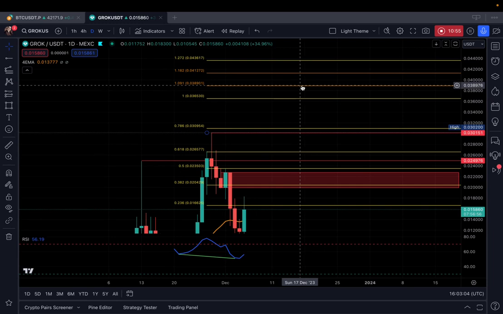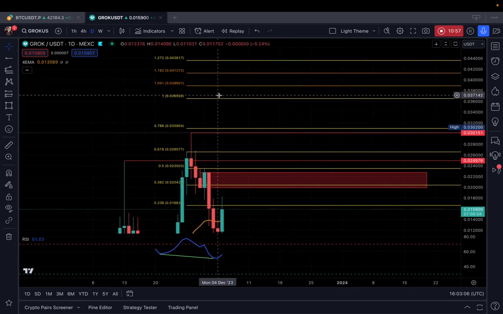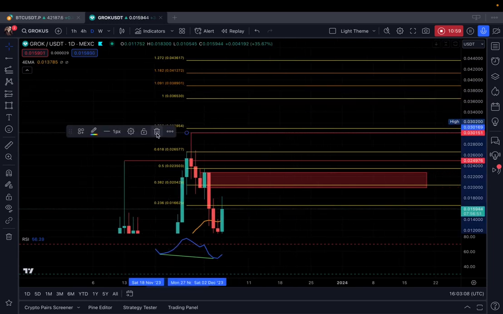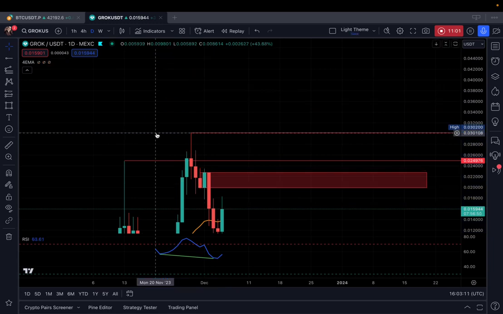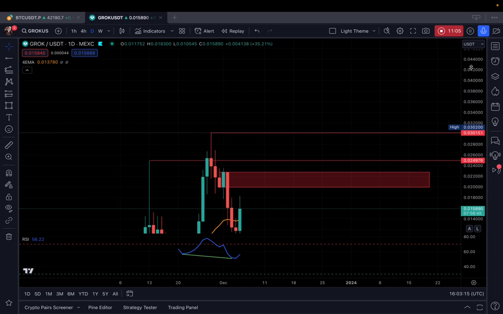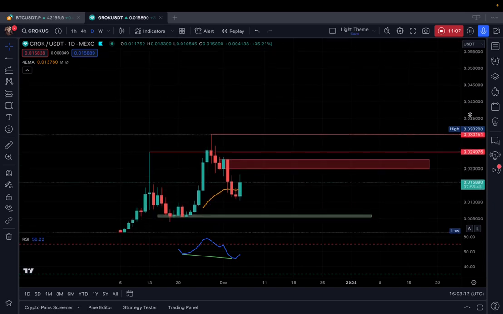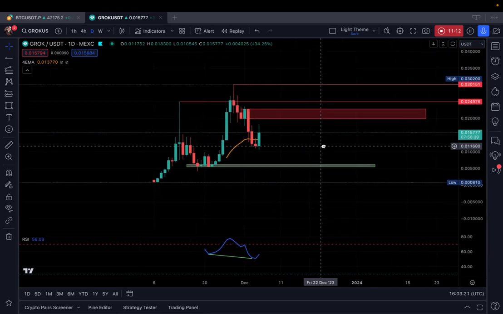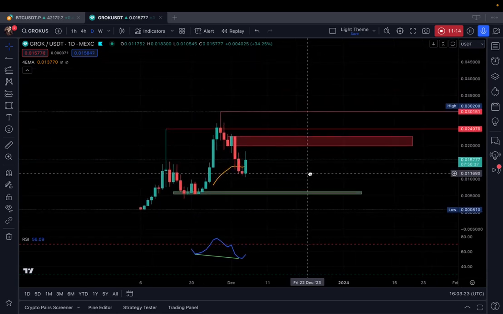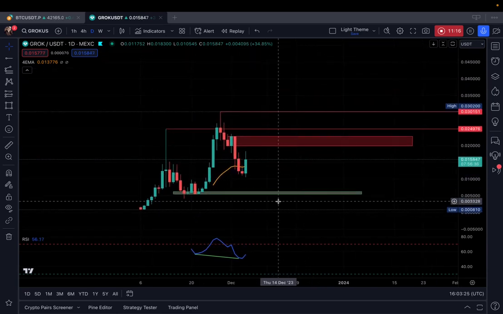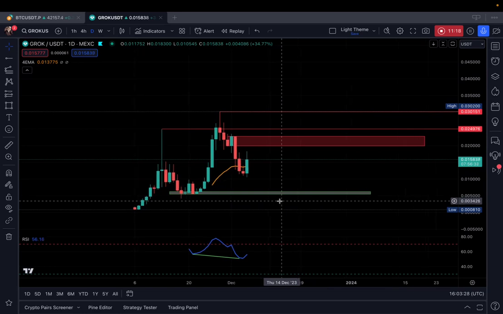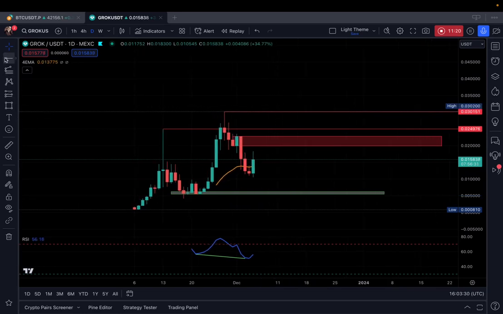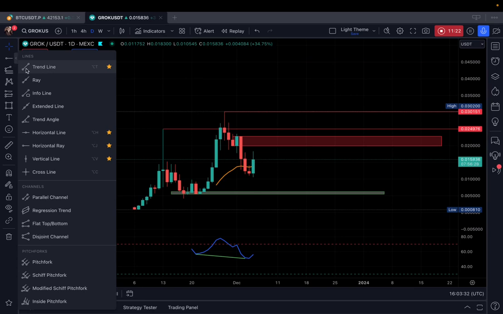Does it mean that price has to get there? No. Does it mean that price will stop there? Also no. But it's a level to watch, and this is how we study the chart and study the price action for this asset if we are going to trade it. Because if we are going to trade this asset, we need to know the ins and outs of the asset, okay?